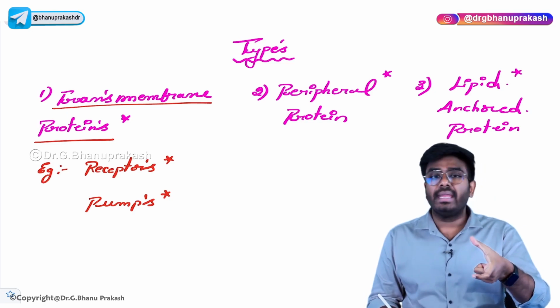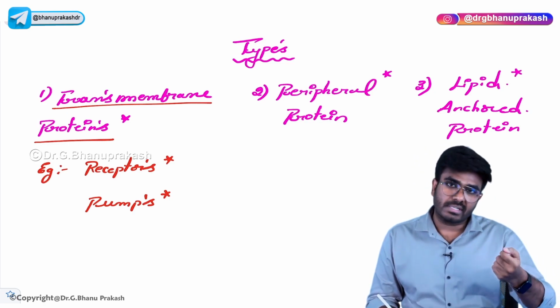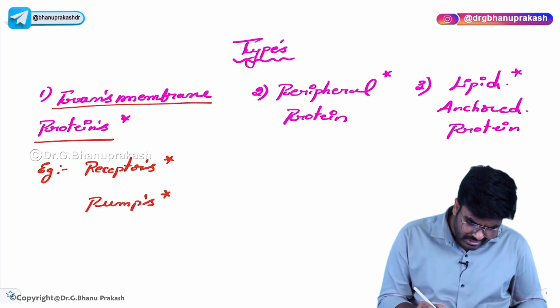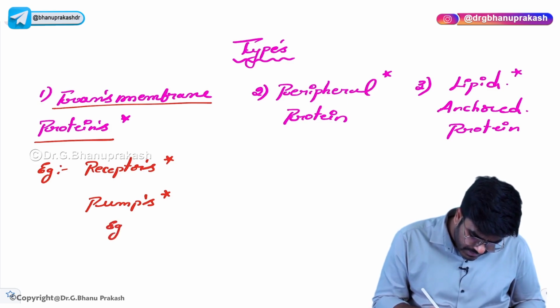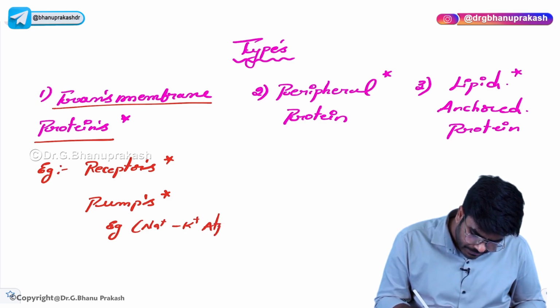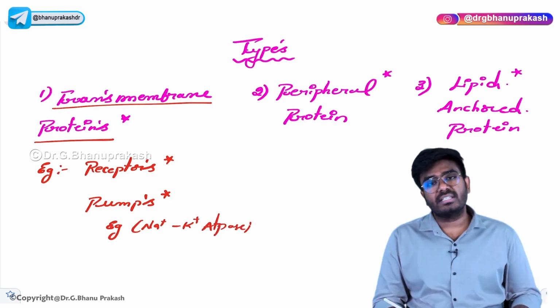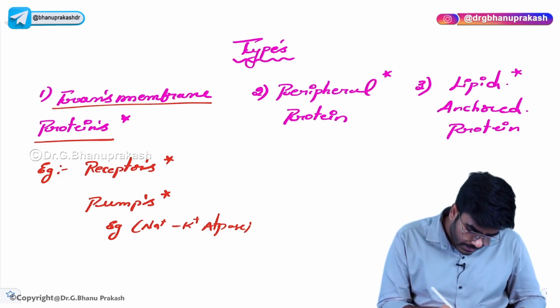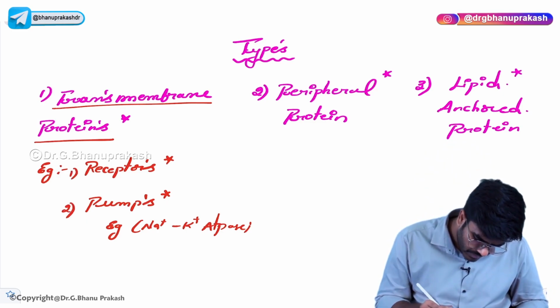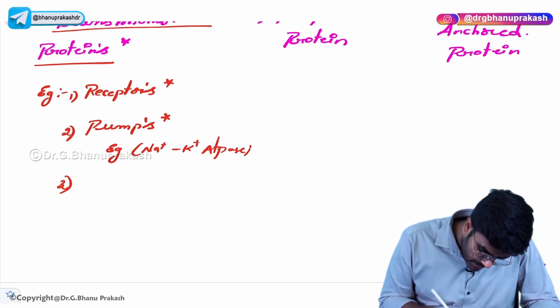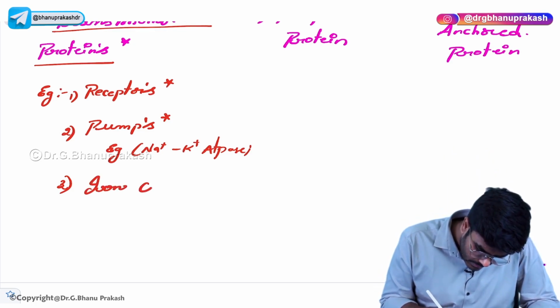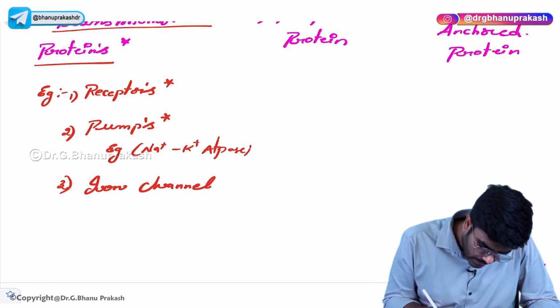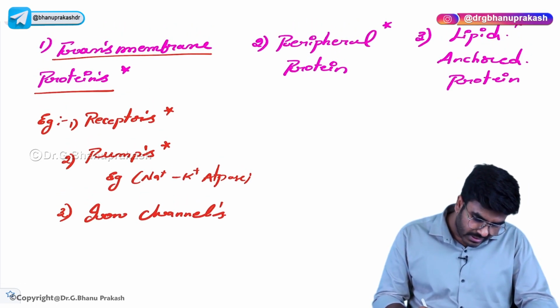By breaking down ATP, they allow the moving of substances. An example is sodium potassium ATPase. So sodium potassium ATPase is an example of a pump, and a pump is a transmembrane protein. So receptors, pumps, and the third type is ion channels. So transmembrane proteins include receptors, pumps and ion channels.